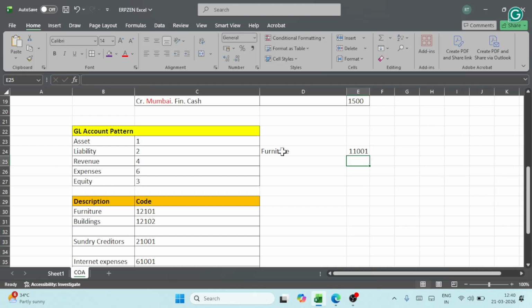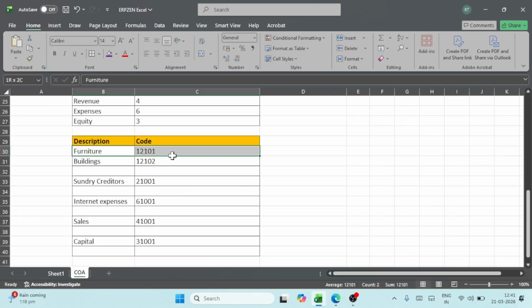Or let's say buildings, 1 2 1 0 1, like that. In the same way, when we create a liability, sundry creditors 2 1 0 0 1, it starts with 2, and so on. Whenever you enter any journals, you always enter with the code values but not with the descriptions.